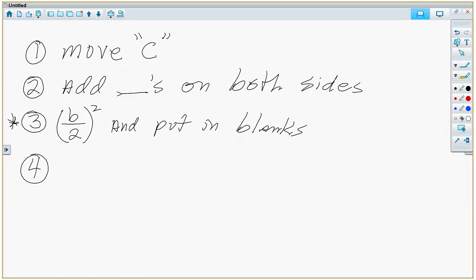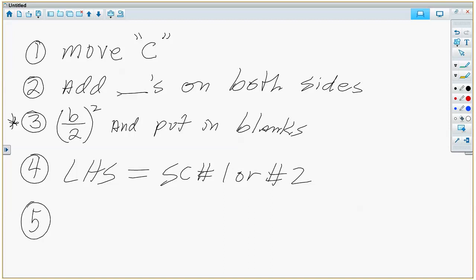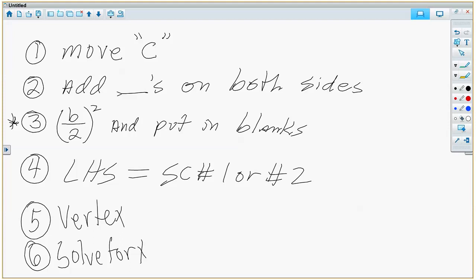After you do number 3, on the left-hand side, you will have shortcut number 1 or number 2, and you'll figure out which one that is. And then 5, you'll get your vertex. And 6, you'll solve for x. Basically, you're going to get your vertex and your x-intercepts.